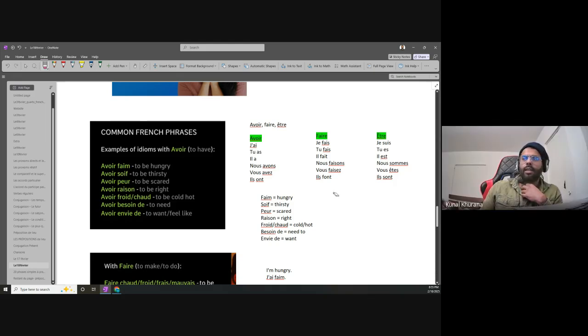Donc, là maintenant, on va comprendre le sens des mots qu'on va utiliser pour faire les phrases, les idioms avec avoir. We'll try to understand the meaning of the words which we will use with the verb avoir, and conjugate them to make sentences.